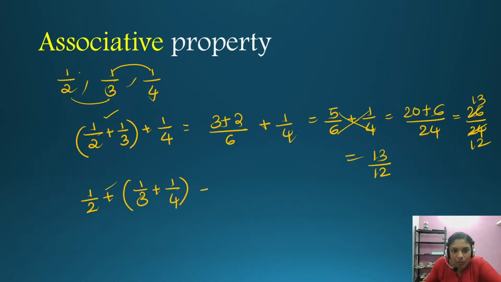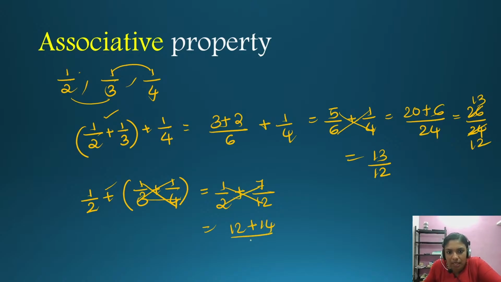Okay. So how will you do this? 1 by 2 plus, now here 1 4 is 4 plus 1 3 is 3, that is 4 plus 3, 7 by 3 fours are 12. Now here 1 12 is 12, 7 twos are 14, by 24, which is equal to 26 by 24.